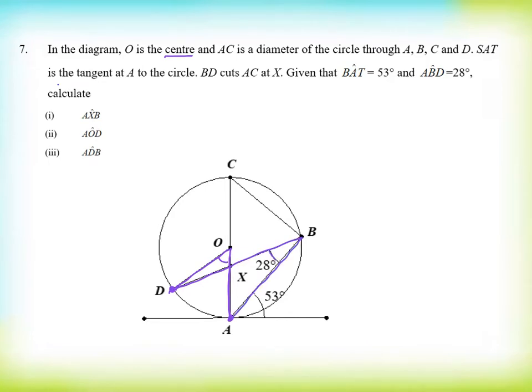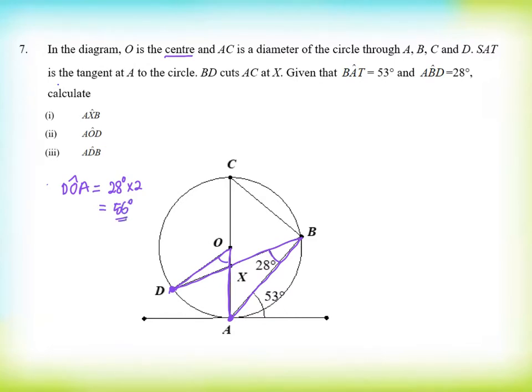And this is the angle 28. That means this angle over here, angle DOA, will be taking 28 degrees times 2 to be 56 degrees.